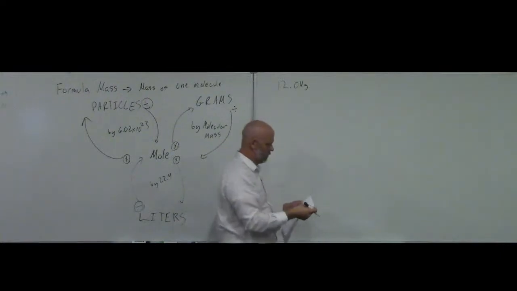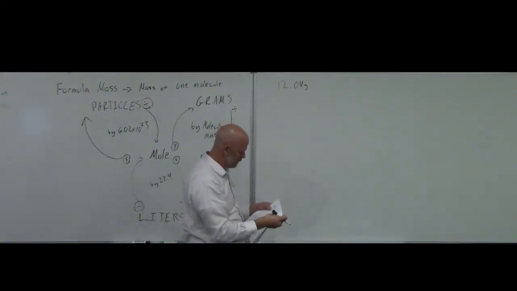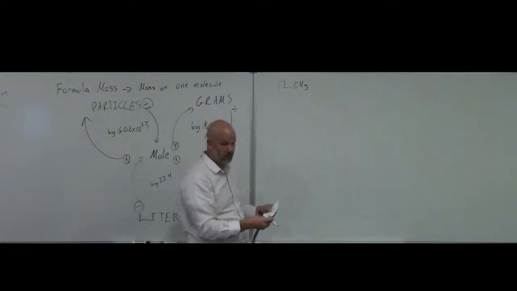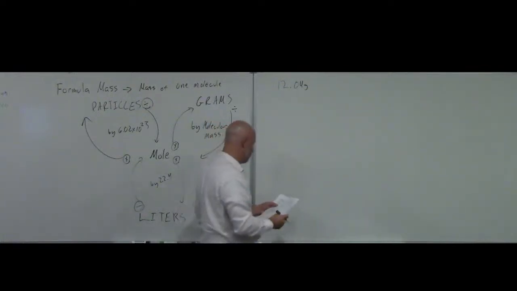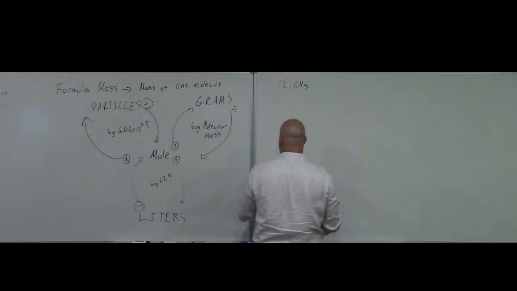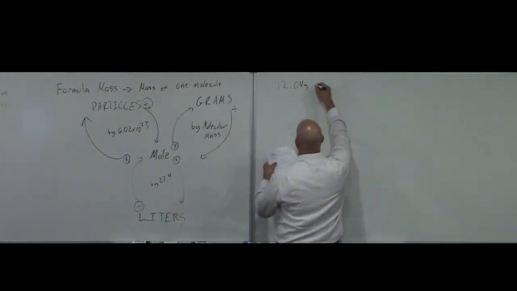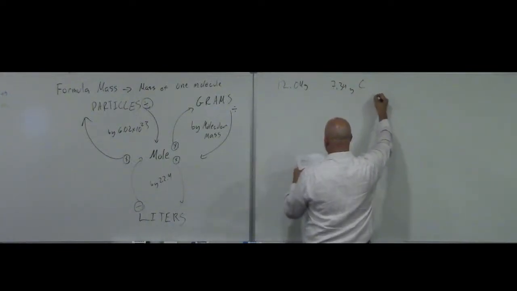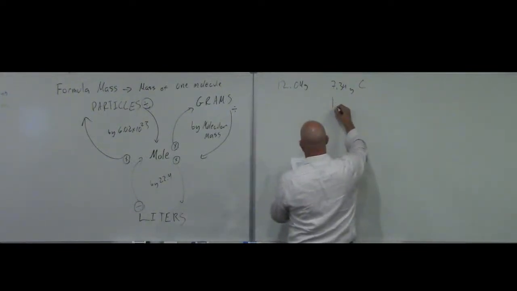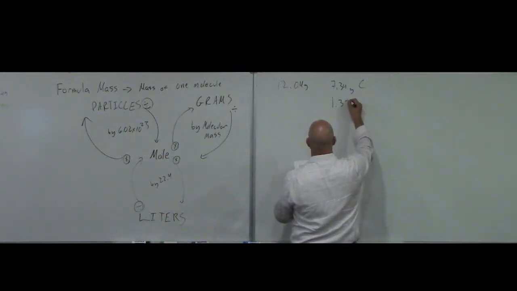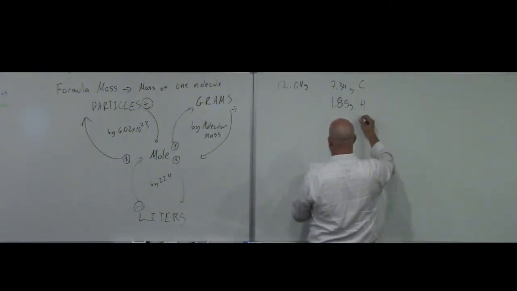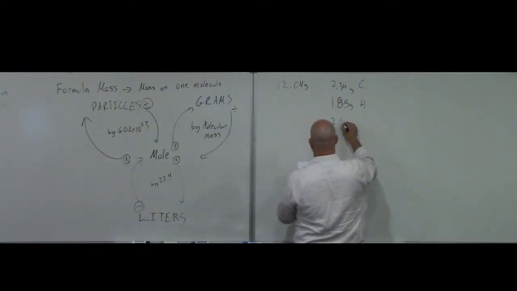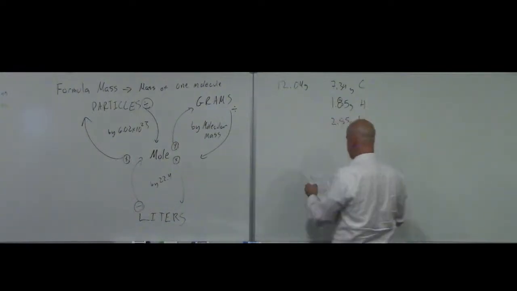You put that through mass spectrophotometry, which will tell you how much of each thing you have. You don't need to worry about all the details of that. And at the end of it, you find out that out of this total, 7.34 grams are carbon, 1.85 grams are hydrogen, and 2.85 grams are nitrogen.